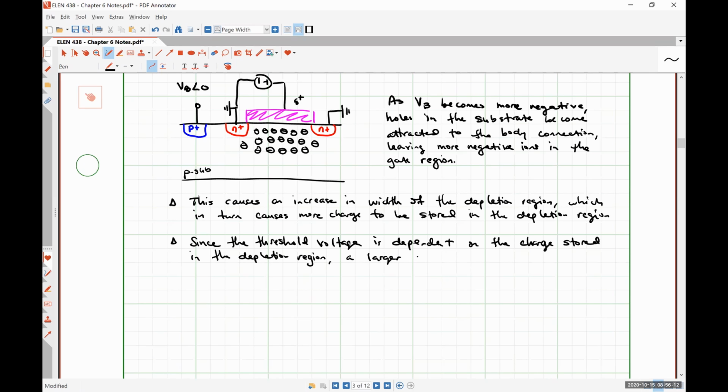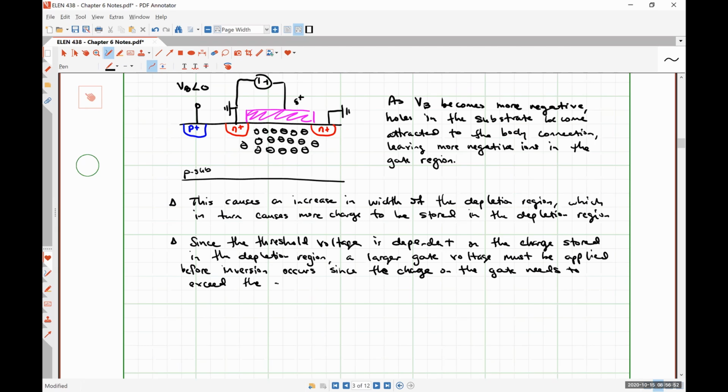A larger gate voltage must be applied before inversion occurs, since the charge needs to exceed the depletion charge to attract electrons.